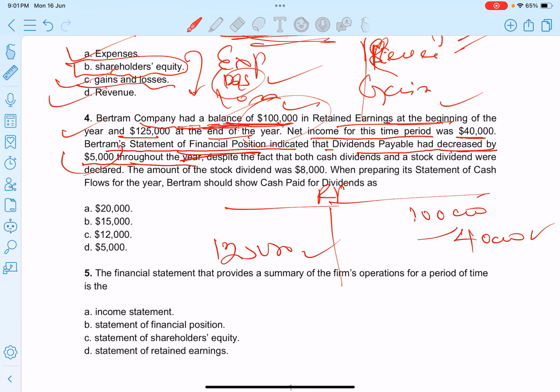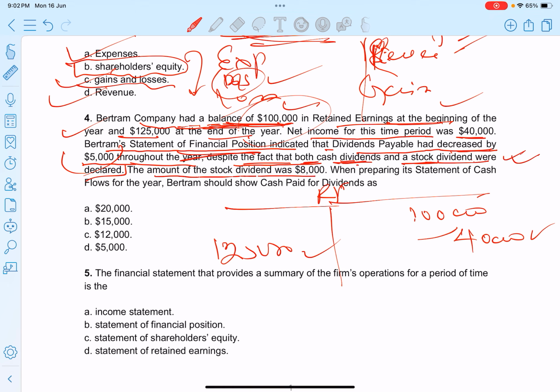Now, despite the fact that both cash dividend and stock dividend were declared, so we have declared both. The amount of stock dividend was 8,000.